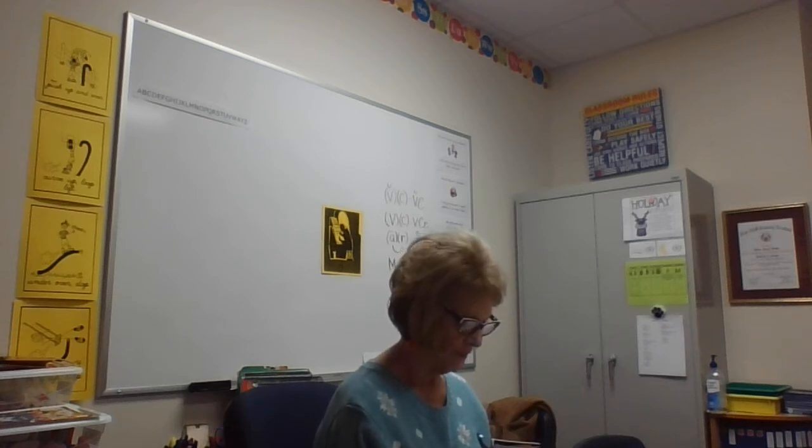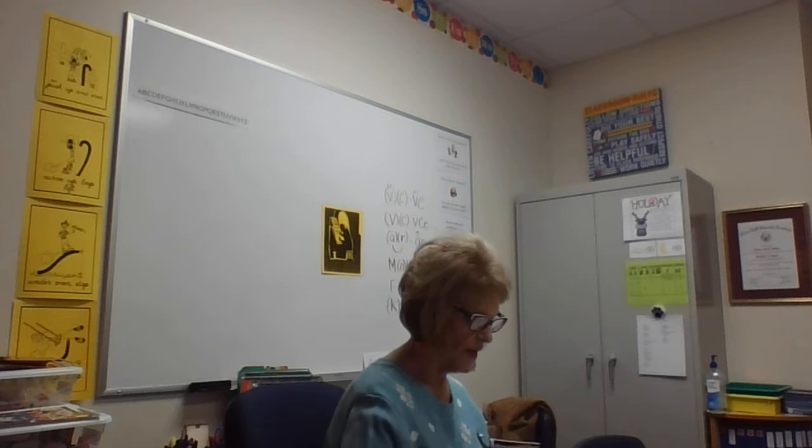L, M, N. K, J, K, L. M, N, O. That's okay. U, V, W, you got it. S, R, S, T, good. We'll do a couple more. H, I, J. S, T, U, yes, good. Good job.